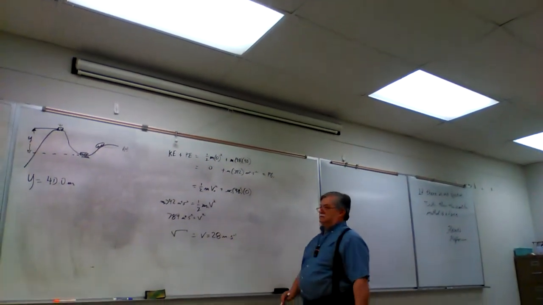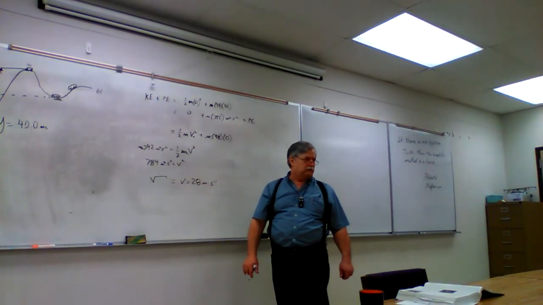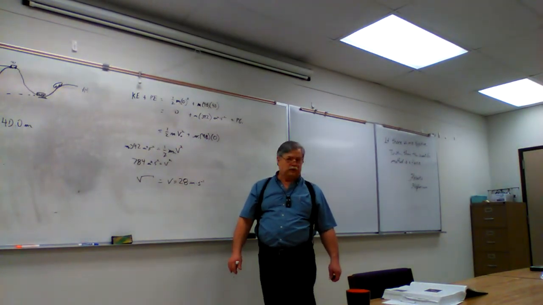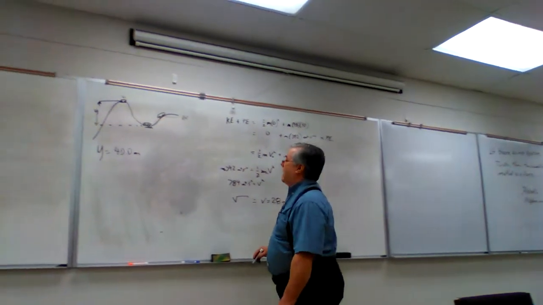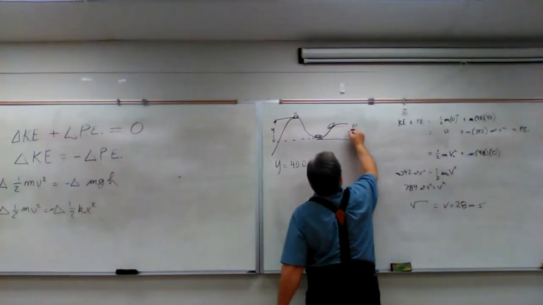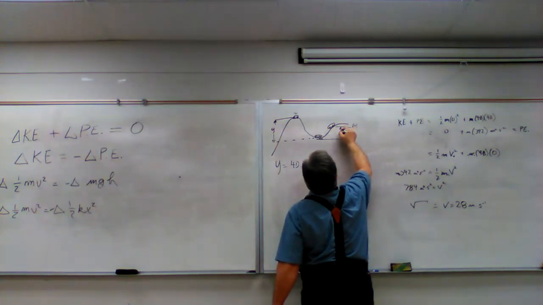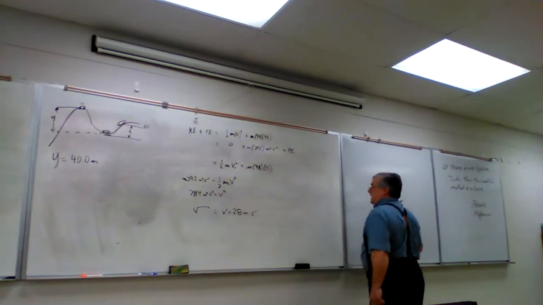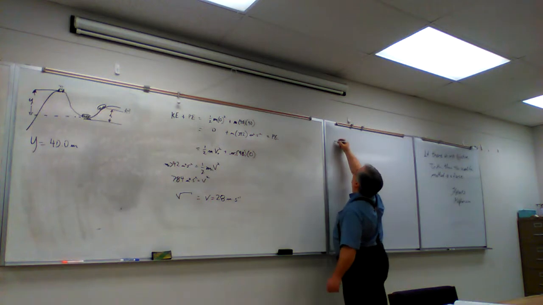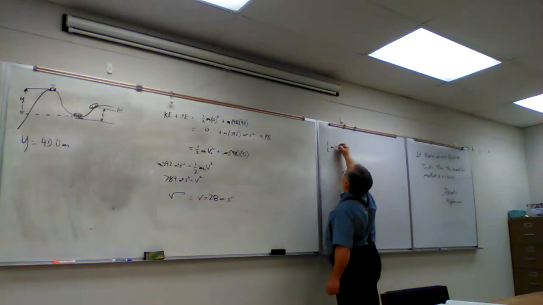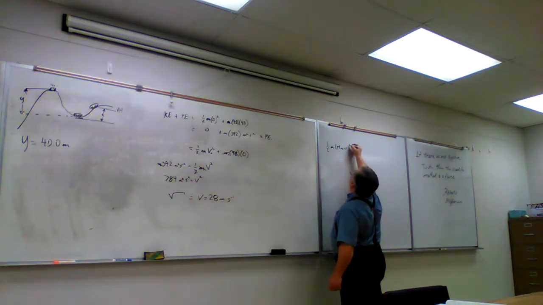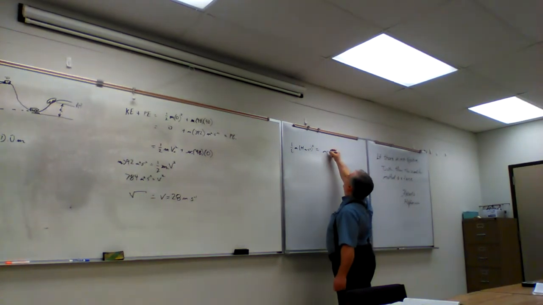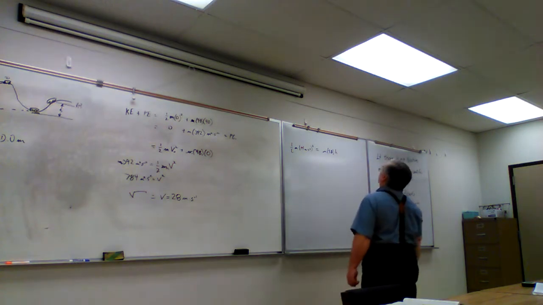What is half of 28 meters per second? 14 meters per second. Okay, how high will it be going up to here? What height will it be at when its speed is down to half that? Or when 1/2 m times 14 meters per second squared is equal to mass times 9.8 times h. So what is h?